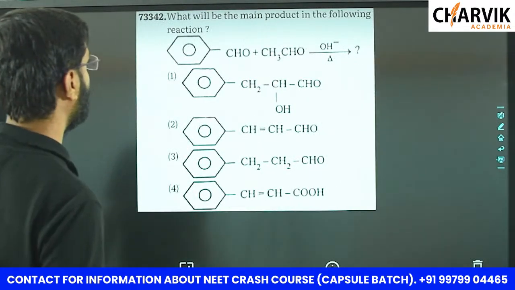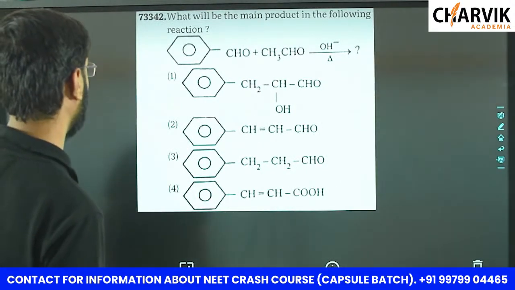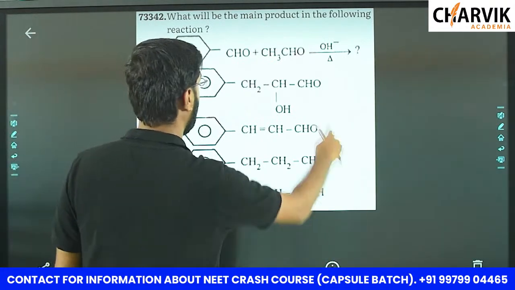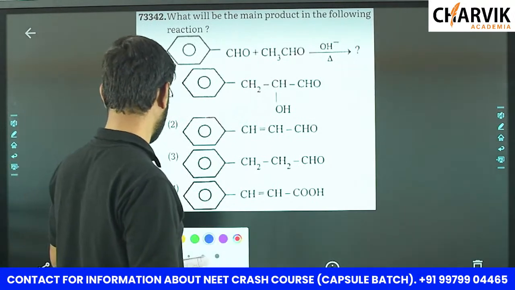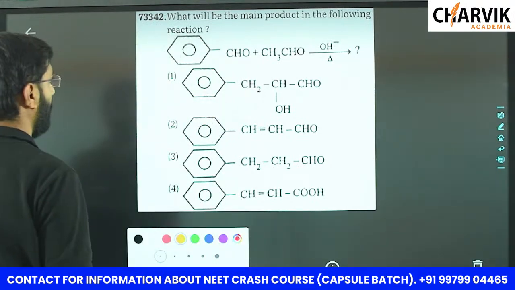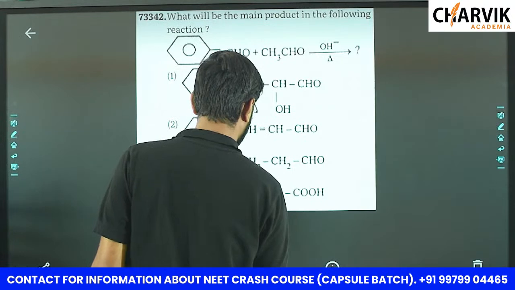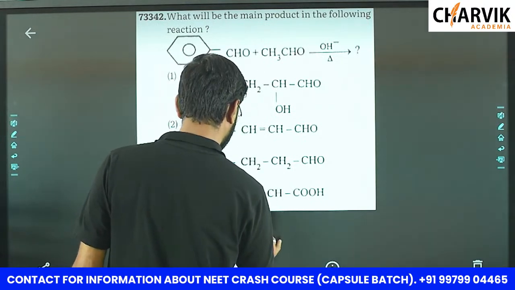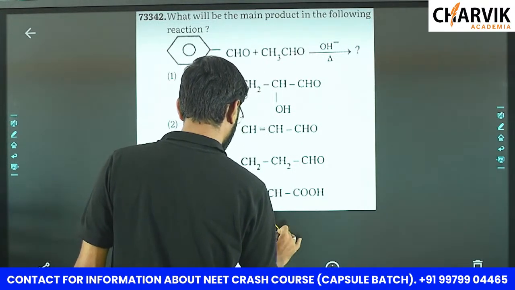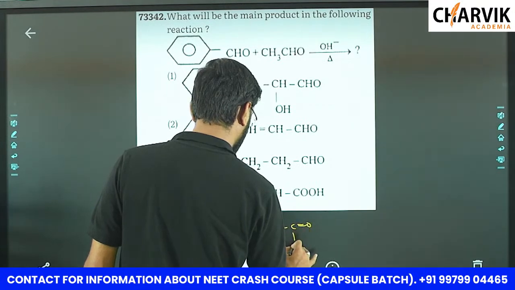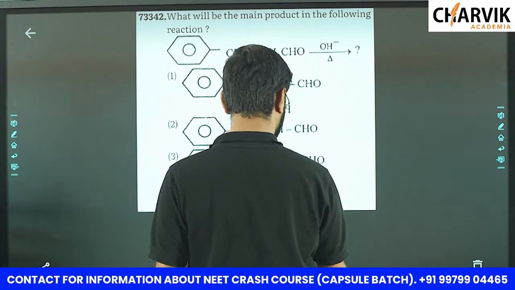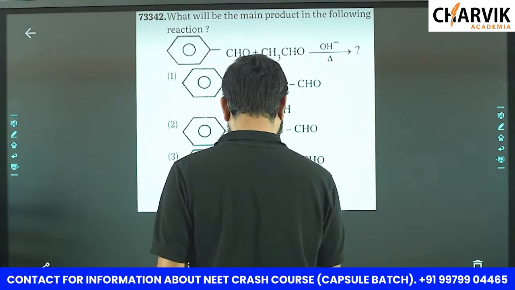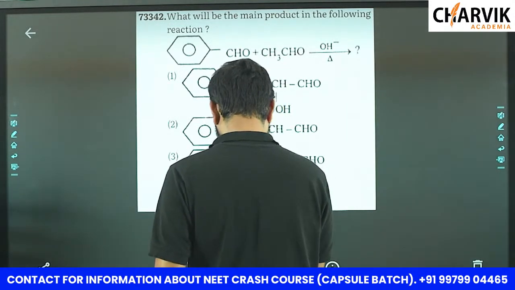What will be the main product in the following reaction? Okay, OH minus and heating. Question from aldol condensation. Okay, no problem. Your product should be benzene C double bond O, and CH3 is removed in the form of water.